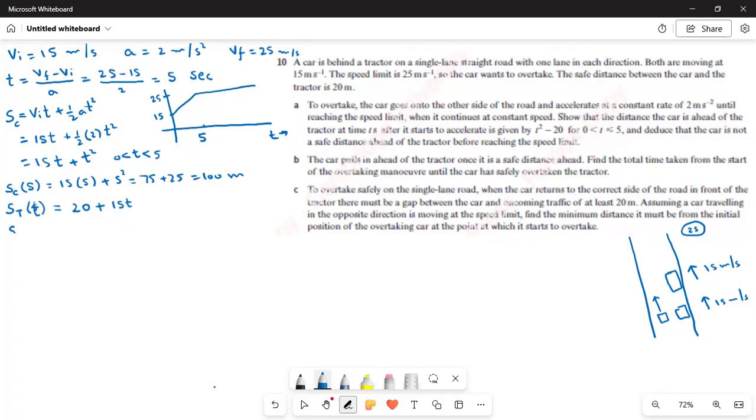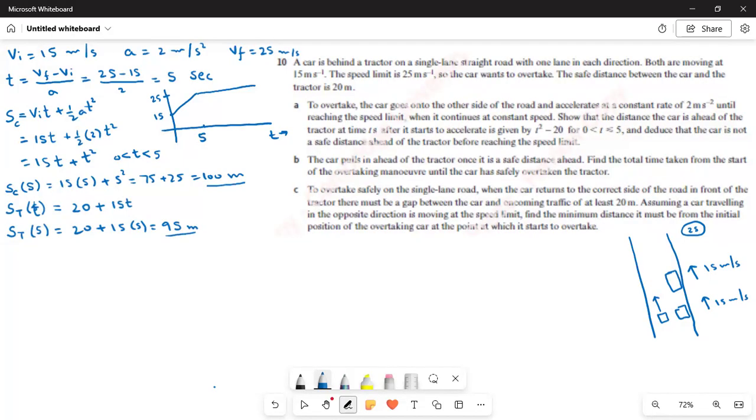So if I want to calculate the distance traveled by the tractor in 5 seconds, I will do 20 plus 15 times 5. So this is 75 plus 20 is 95 meter. So you can see that after 5 seconds, the car has traveled a distance of 100 meter and the tractor has traveled a distance of 95 meter.